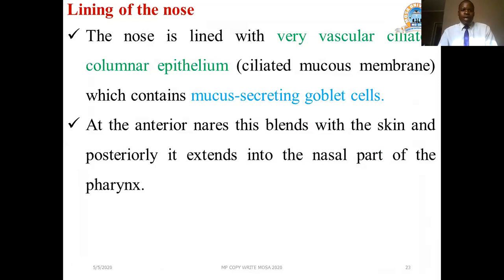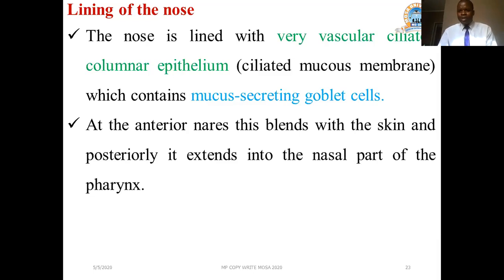Now let us look at the lining of the nose. The nose is lined with very vascular ciliated columnar epithelium, a ciliated mucous membrane, which contains mucus secreting goblet cells.